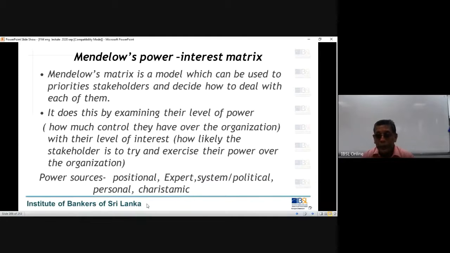You need to analyze your stakeholders. Stakeholders mean people who are interested in your organization's activities. Now, at a very early stage, we discussed a lot of analytical techniques.